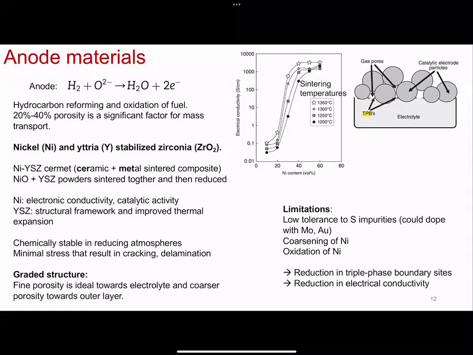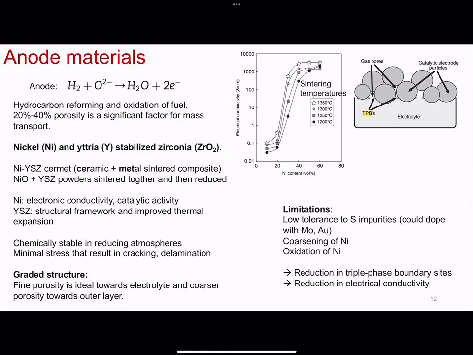H2 reacts with oxide, so O2 minus. Sorry, the oxygen has come in. It's being split from O2, so that's oxygen in its zero valence state into now O2 minus. So it's been reduced, and now you're going to have the waste that comes out, right?